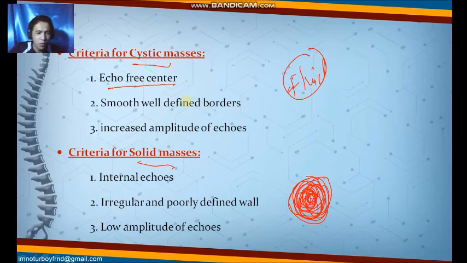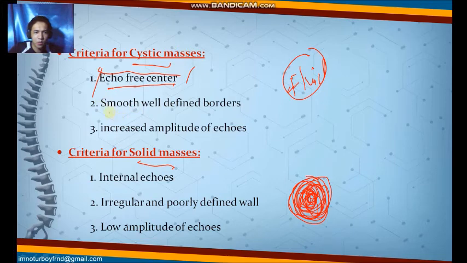There are no echoes being transmitted back towards the transducer. For example, the urinary bladder, its common appearance is black. That means it is anechoic.